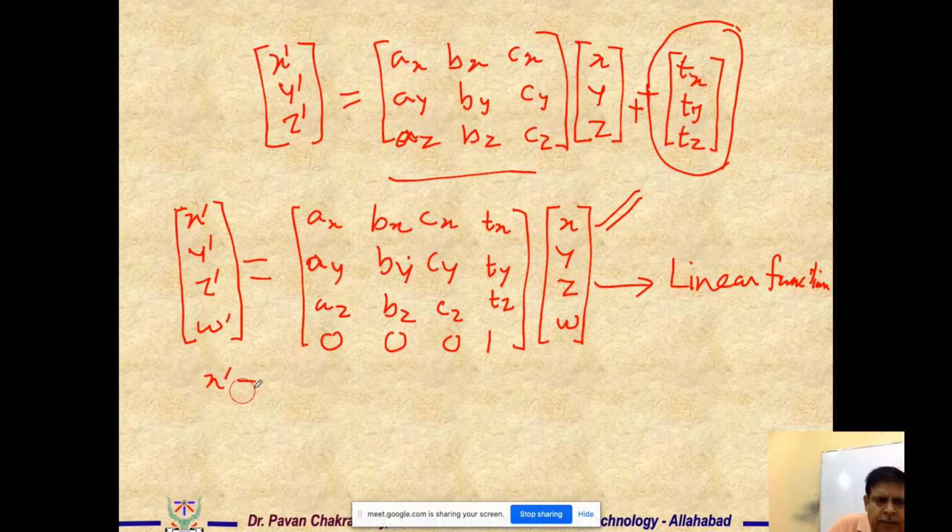x prime will be equal to ax x plus bx y plus cx z plus tx w.